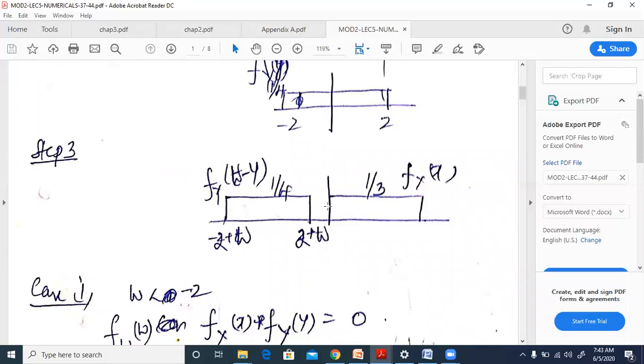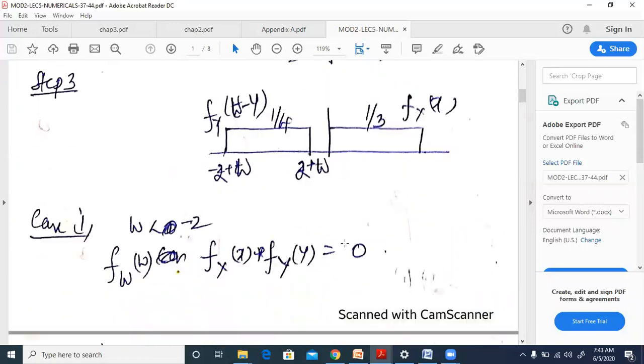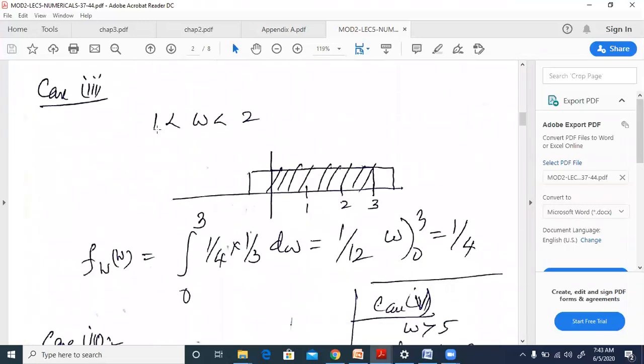So for the values of w between 1 and 2, there will be full overlap, that is 0 to 3. So 0 to 3, 1 by 4 into 1 by 3 dw equals 1 by 12. Then you integrate dw, you will get w, and if you simplify that, it will just give you 1 by 4.